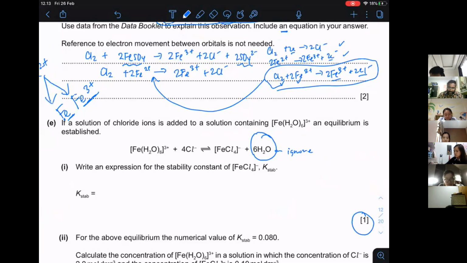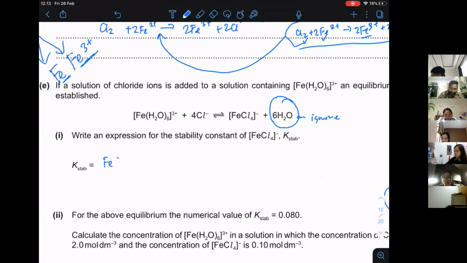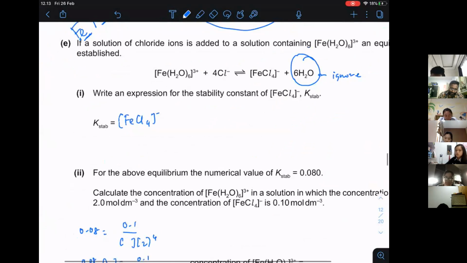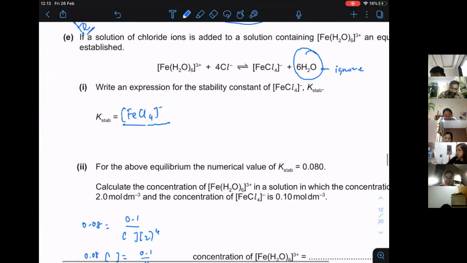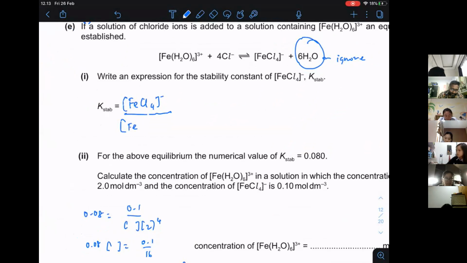When you write it down, you write [FeCl4]⁻ divided by [Fe(H2O)6]³⁺ to the power of 1 times [Cl⁻] to the power of 4. That's going to be my stability constant.